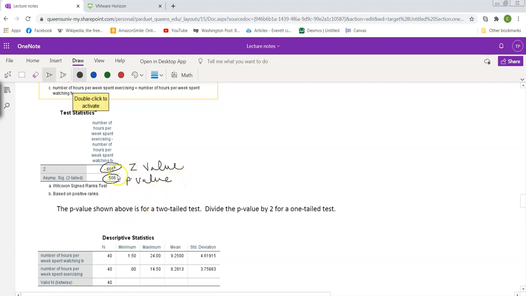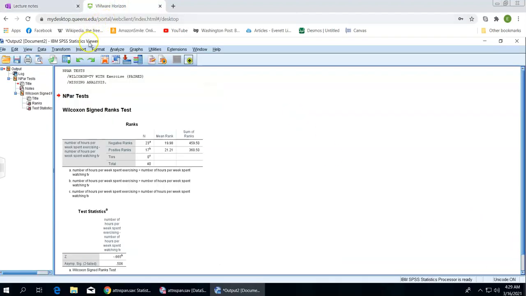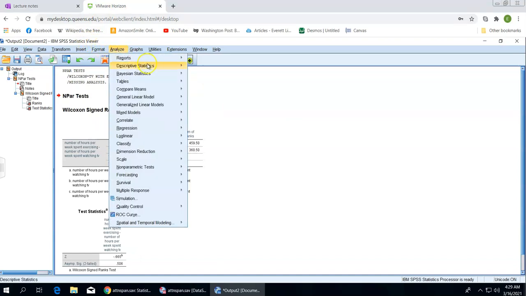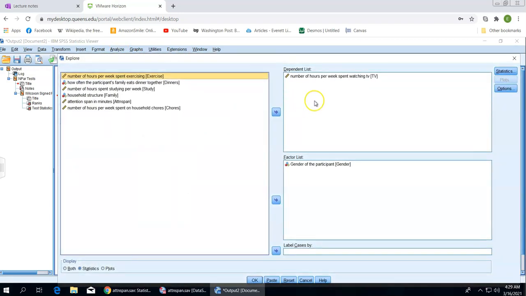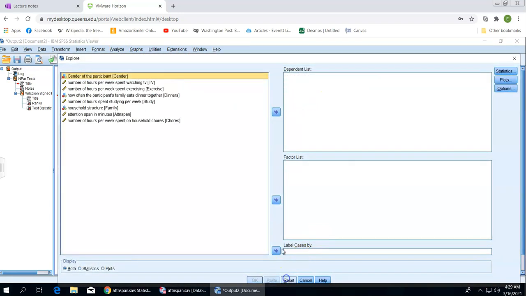All right, so here's our p-value. This is for a two-tailed test. And if we want this to be run as a one-tailed test, we just need to divide that p-value by 2, just like always. To get our descriptive statistics, you can go to Explore, like we've always done. Do number of hours per week spent watching TV and exercising.